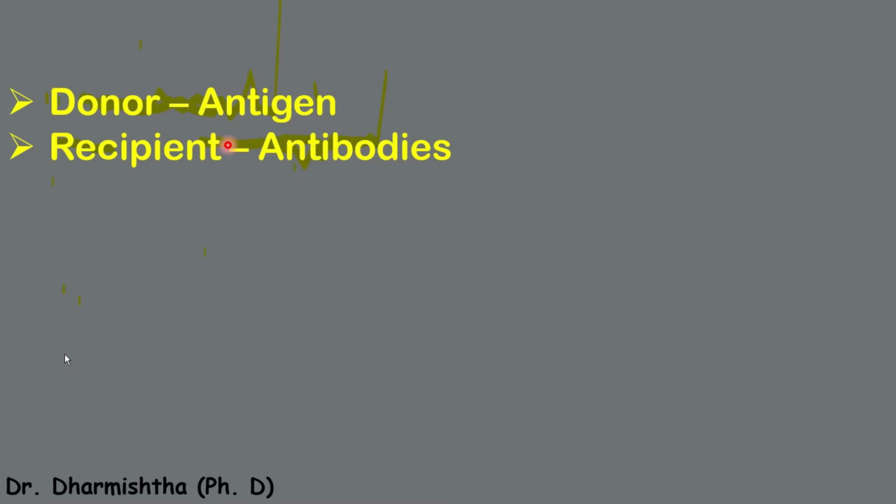Now let us check. For example, if my blood group is A and I want to donate blood, I become the donor. So we always consider the donor's antigen. My blood group is A and I have A antigen, so I have to take care that it does not enter into bodies which have A antibodies.